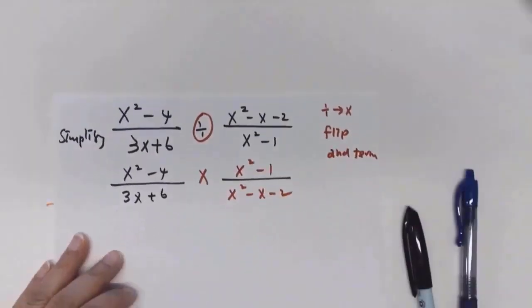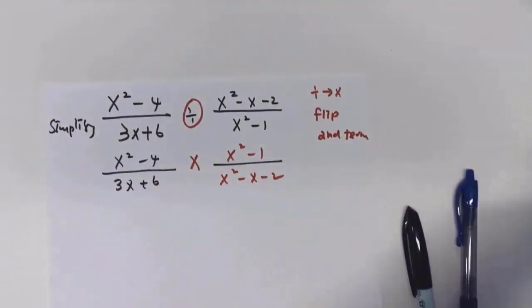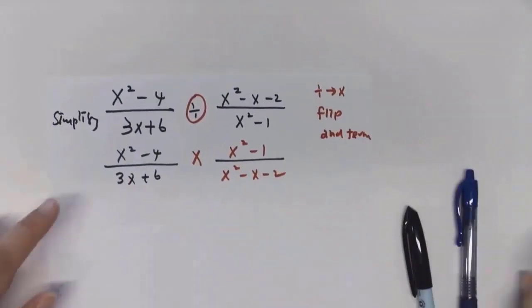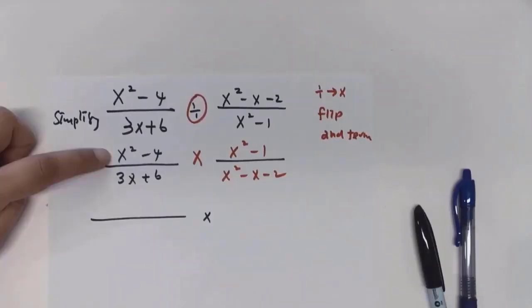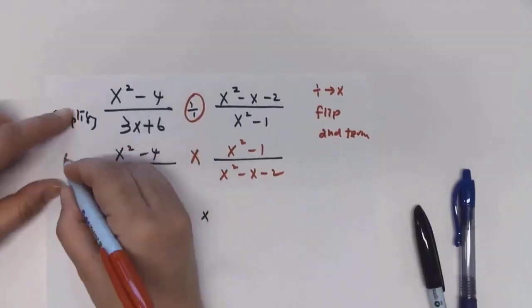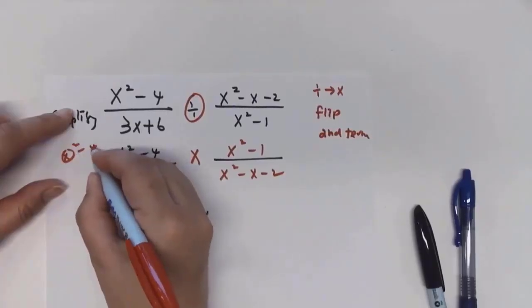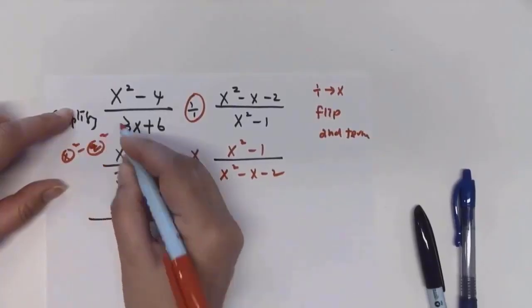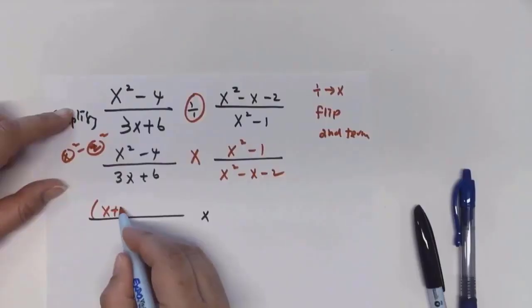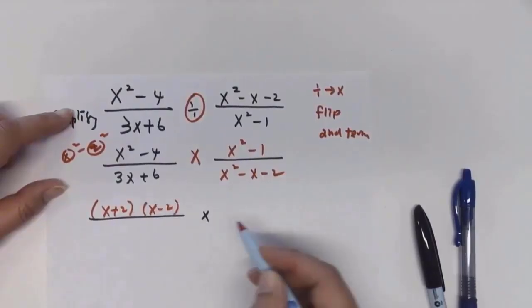Same deal, right? You have to factor each part. First fraction, top part, we can factor it as x minus 2, x plus 2, because this is x perfect square minus, not 4 squared, but 2 perfect square, right? So it's going to be x plus 2, x minus 2. Everybody okay?